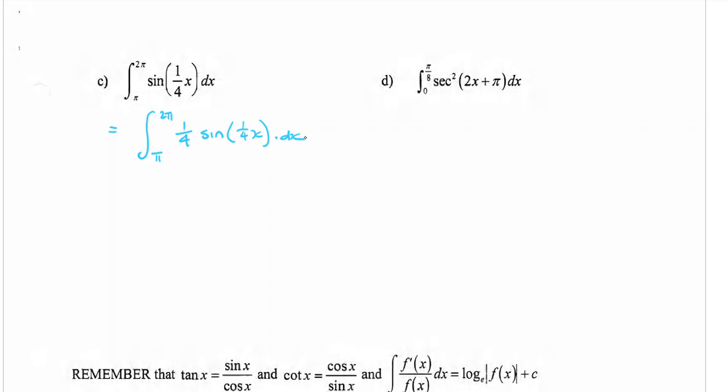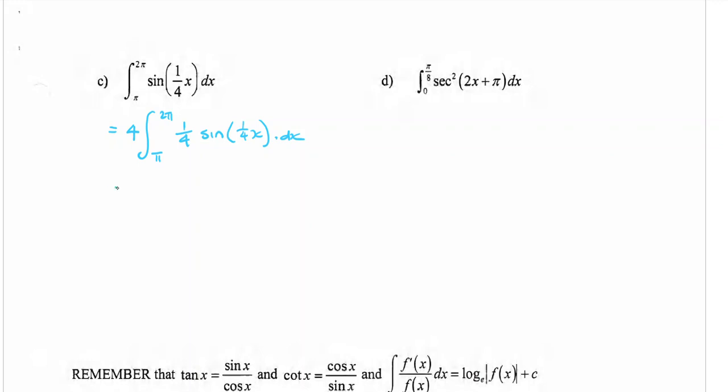That's the f dash x, sine of f of x, the formula that we have on our formula sheet. But I can't just add this quarter in here randomly. I have to compensate for what I've done by timesing a 4 out the front. Because the 4 and the quarter would cancel each other off again to be back to this. But this part here is now in the form of my formula.